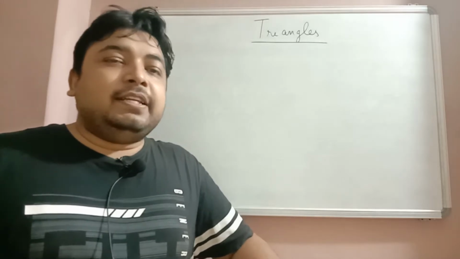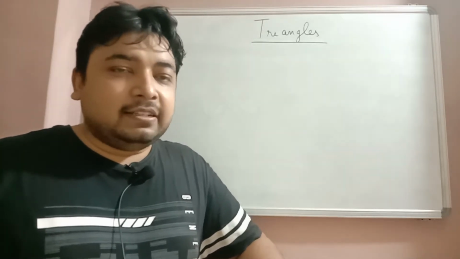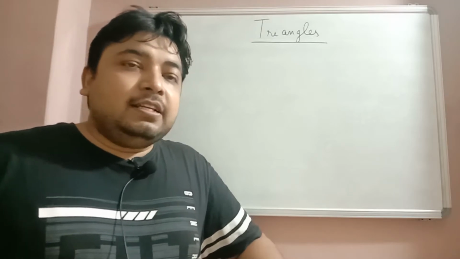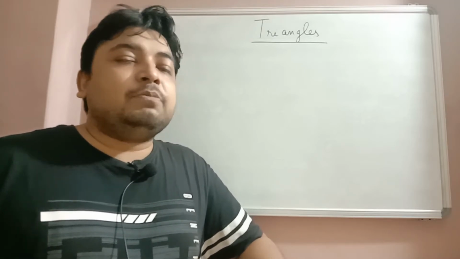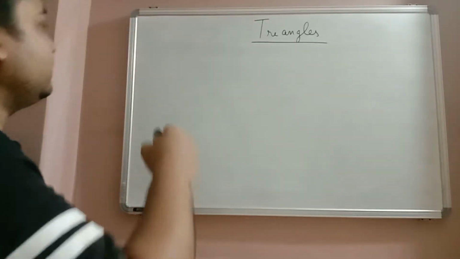Now let's begin with the next chapter. Next chapter is triangles. Chapter number 6, triangles. In this, the first thing we have to study is similar figures. So let's study what similar figures are.